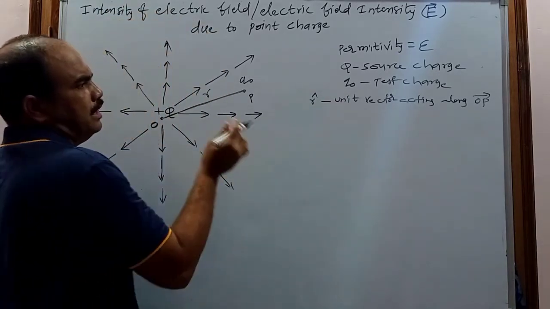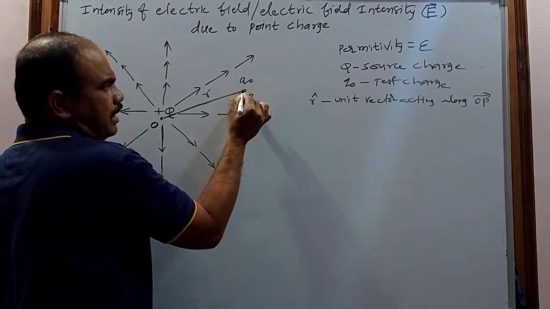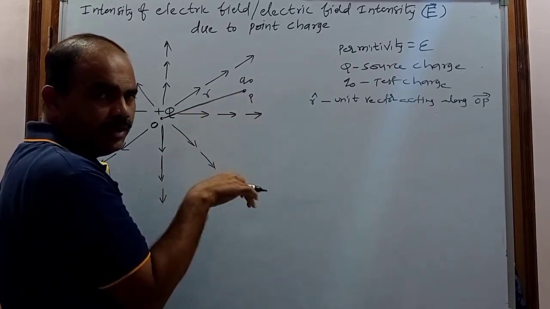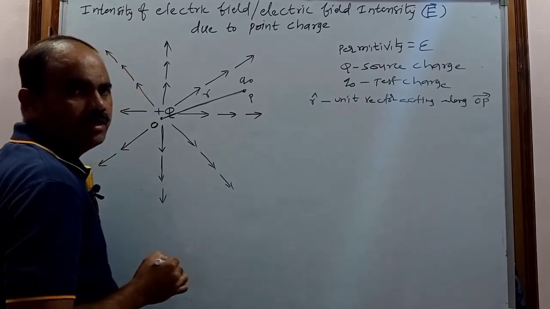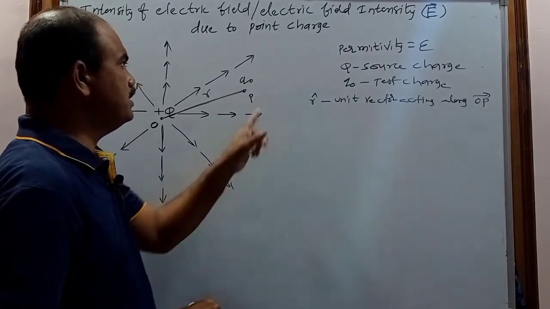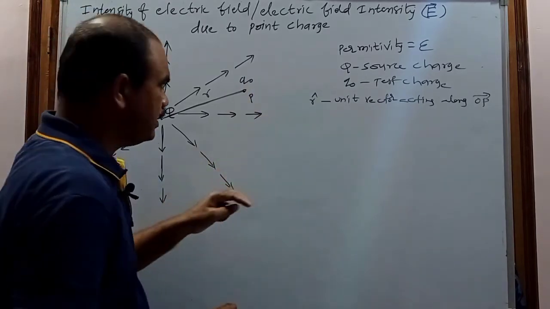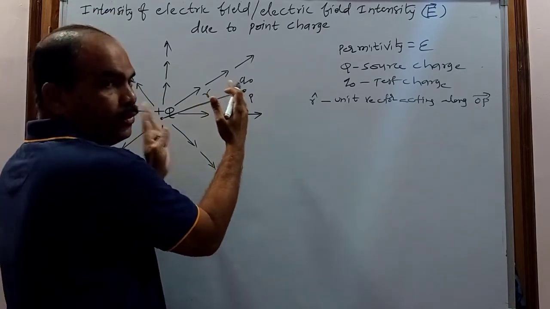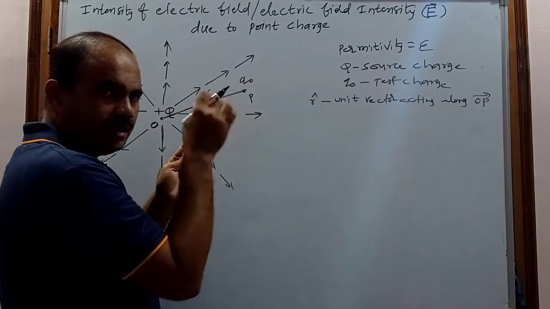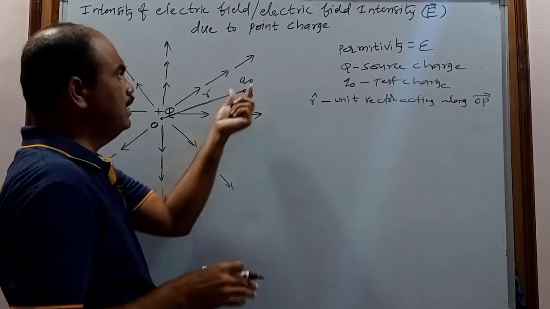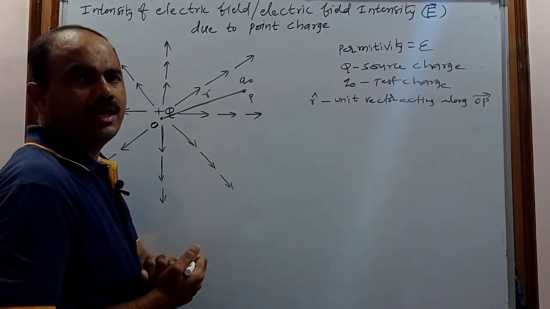The intensity of the electric field at point P, or the influence of the electric field at point P, can be calculated by placing the test charge at P, finding the electric force between the source charge and the test charge, and then dividing the force by the test charge. That gives the electric field intensity.